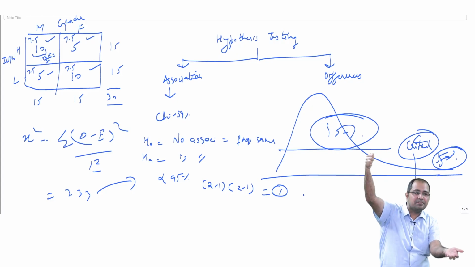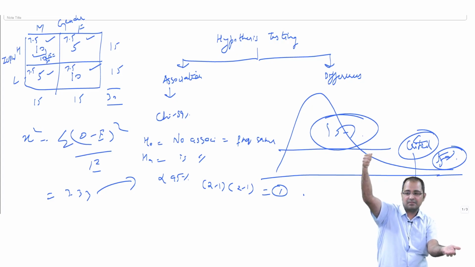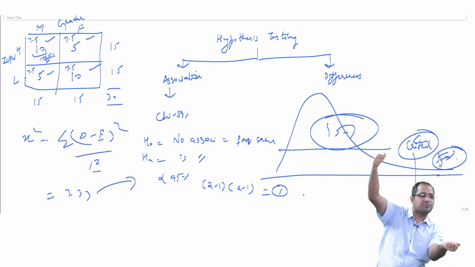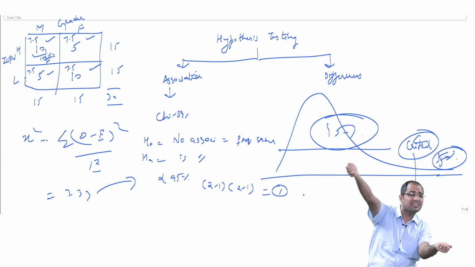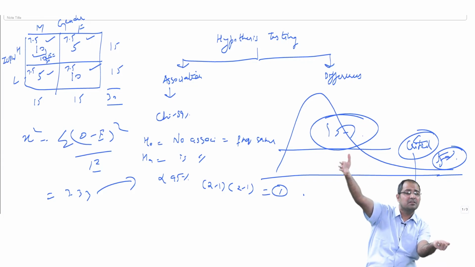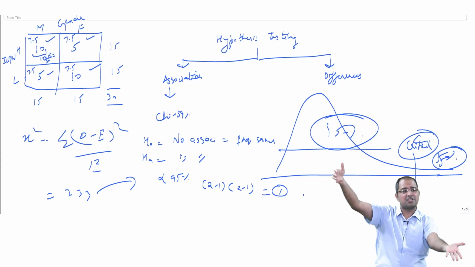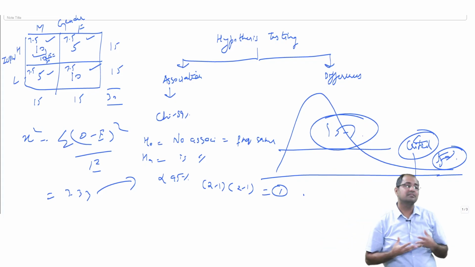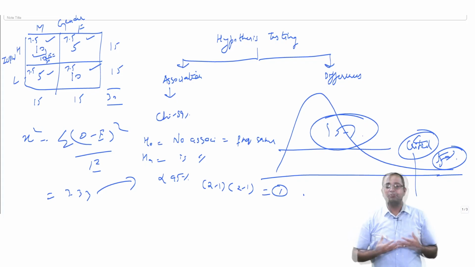And if that happens, then you conclude that my initial assumption was wrong, because in this sample there is a huge difference, which means in my assumption H naught, the null hypothesis, I should not accept it, I should reject the null hypothesis.